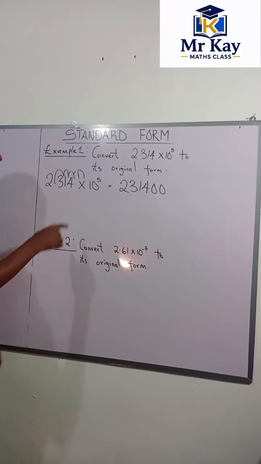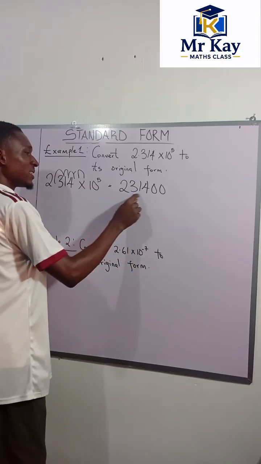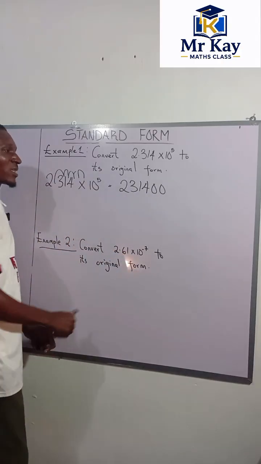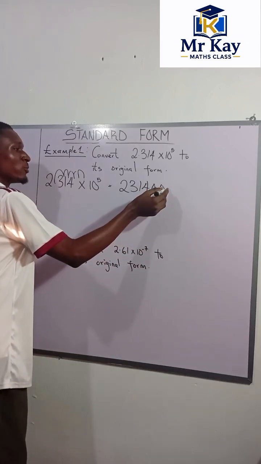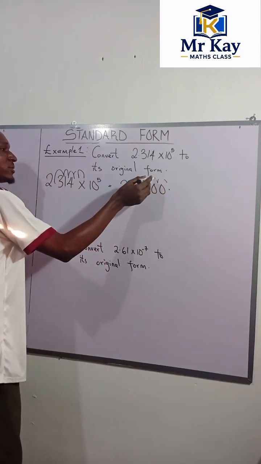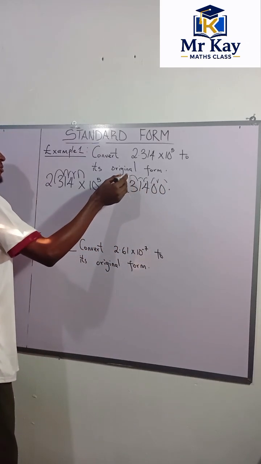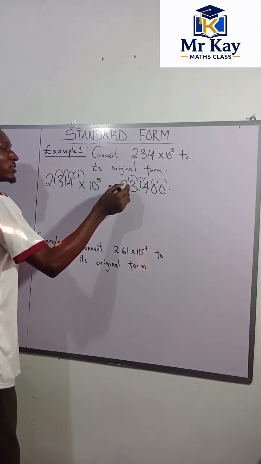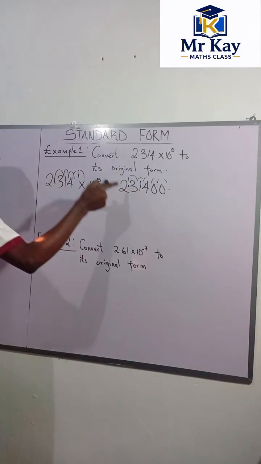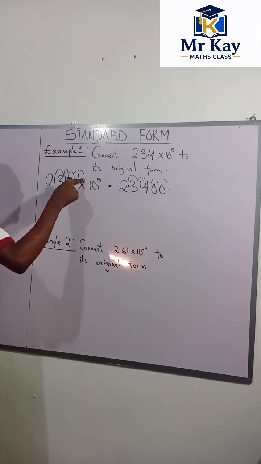Now look at what I'm talking about. When you want to convert this original number to standard form, the point is here. You are going to move the point how many times? 1, 2, 3, 4, 5 to get 2.314. That is why they got this.